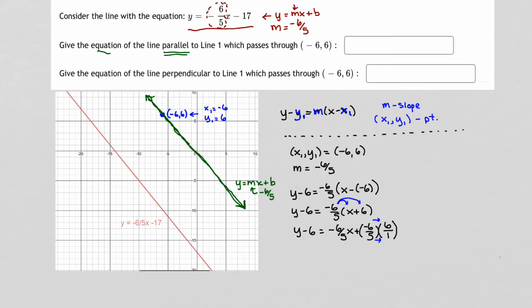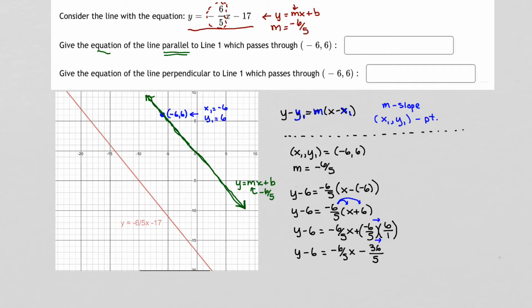We multiply by multiplying numerators and multiplying denominators. So really, this is just y minus 6 equals negative 6/5 x minus 36, because negative 6 times 6 is negative 36 over 5 times 1, which is 5. All right, we're almost done.